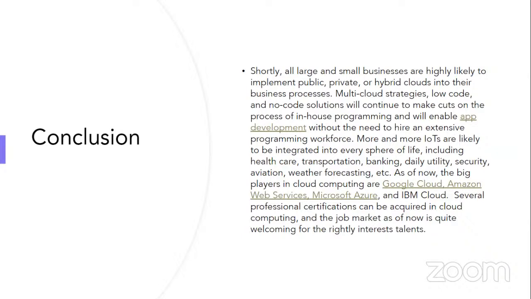More and more IoTs are likely to be integrated into every sphere of life, including healthcare, transportation, banking, daily utilities, security, aviation, weather forecasting, etc. As of now, the big players in cloud computing are Google Cloud, Amazon Web Services (AWS), Microsoft Azure, and IBM Cloud. Several professional certifications can be acquired in cloud computing, and the job market as of now is quite welcoming of the rightly interested talents.